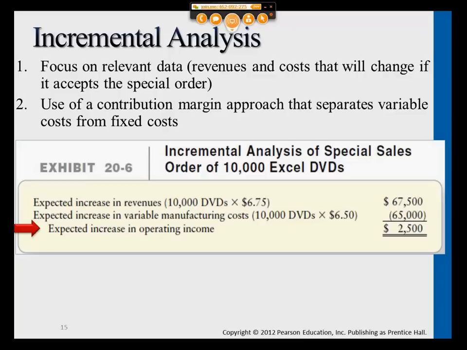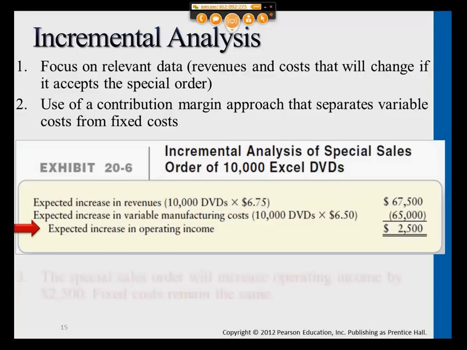We got it by 10,000 multiplied by 6.50. So what is the result? It's the same story about the Smart Touch DVDs we've talked about for the whole semester. So what happens here? We have a contribution margin increase of 2,500. Expected increase in operating income of 2,500.